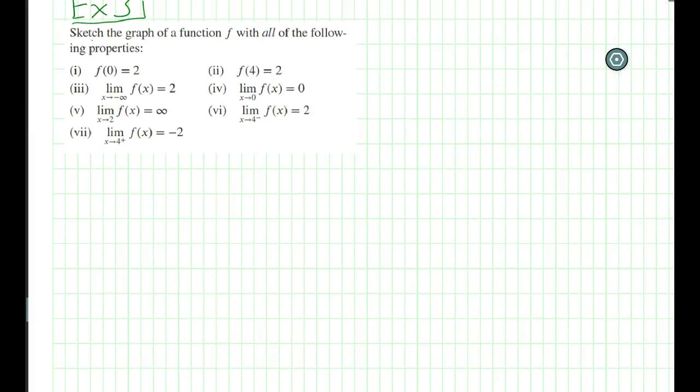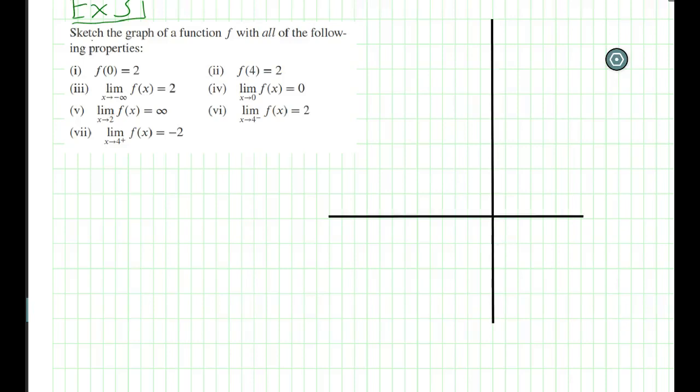So we're going to try to graph something over here, and let's make that be 1.